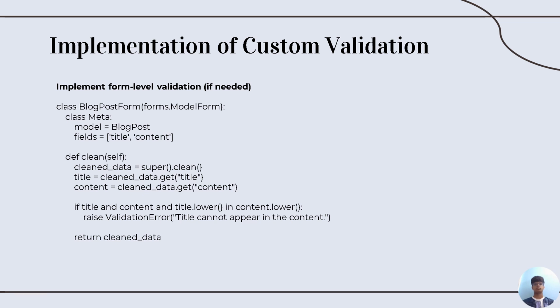Class BlogPostForm, then we define class Meta. Model is equal to BlogPost, fields are title and content, and define clean(self). cleaned_data is equal to super().clean(). Title is cleaned_data.get('title'). Content is cleaned_data.get('content'). If title and content and title.lower() is in content.lower(), raise a validation error: title cannot appear in the content.